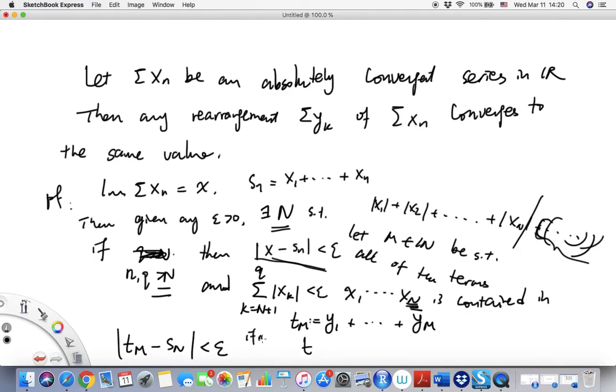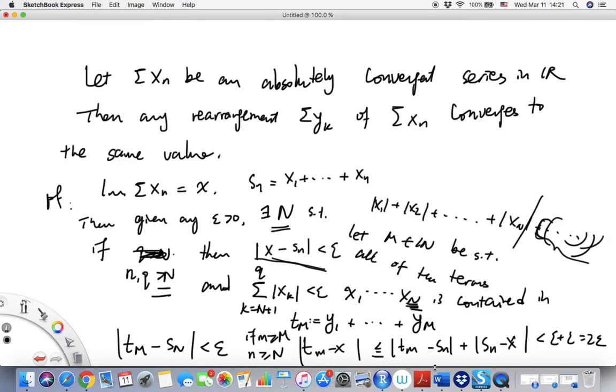So if m is greater than M and n is greater than N, we must have |Tm minus x| is less than or equal to |Tm minus Sn| plus |Sn minus x|. This is less than epsilon plus epsilon, that's 2 epsilon.